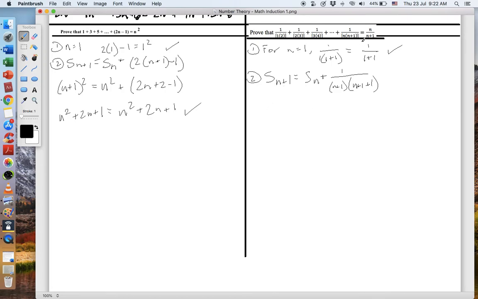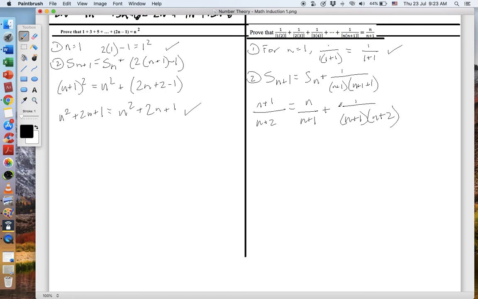On the left-hand side, we take that original right-hand side and substitute n plus 1 for each n. So we've got n plus 1 over n plus 2, and that's equal to the original series, which was n over n plus 1. We're going to add to that this value here, 1 over n plus 1 times n plus 2.